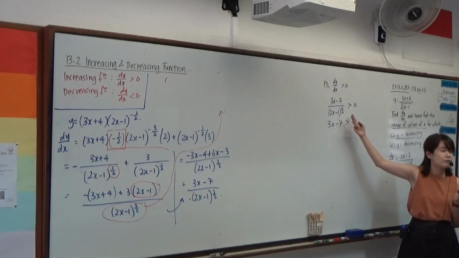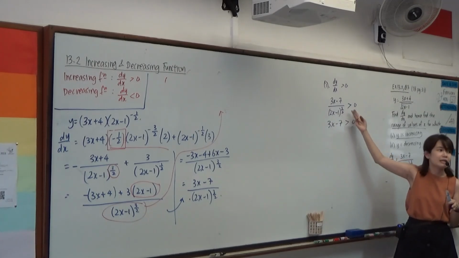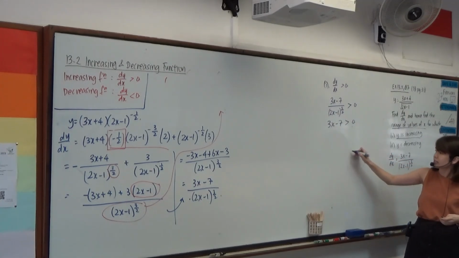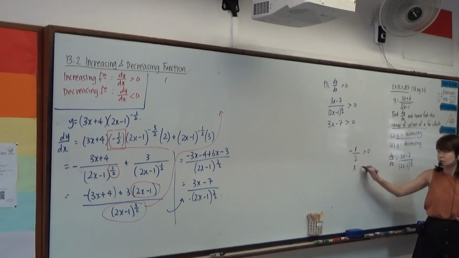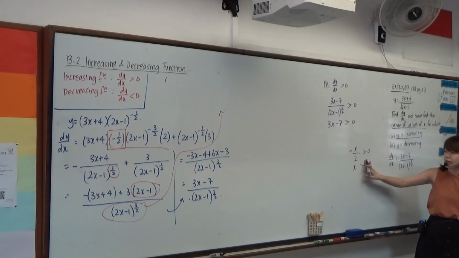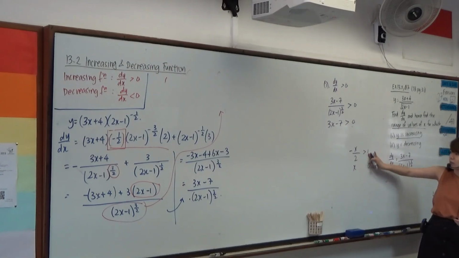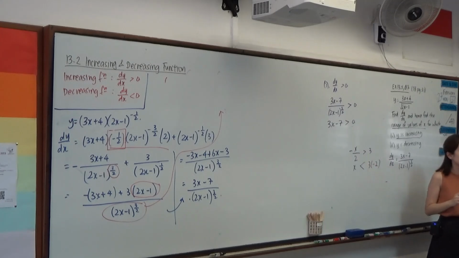Remember that? We learned that in Set 2. When I multiply a negative number, my inequality has to flip. So for example, if I say negative x over 2 is more than 0, I need to multiply over to the other side. So maybe not 0, let's work with just 3. So 3, I multiply by negative 2, my inequality has to flip.